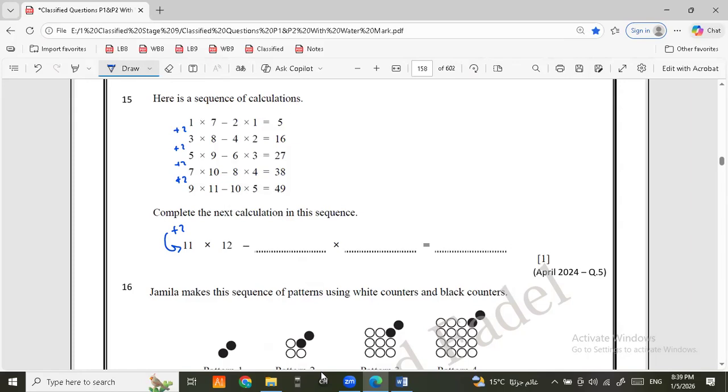What is happening to the 2? 2 plus 2 is 4, plus 2 is 6, plus 2 is 8, plus 2 is 10, plus 2 is 12. 5 became 16, so we added 11. Then we added 11 again. So we add 11, it becomes 60. That's it.